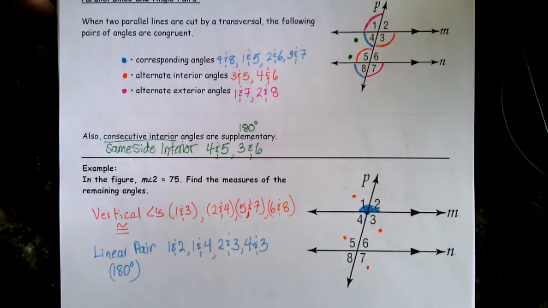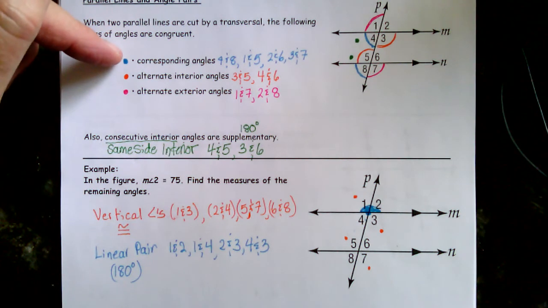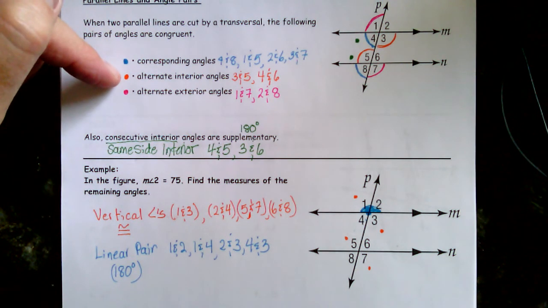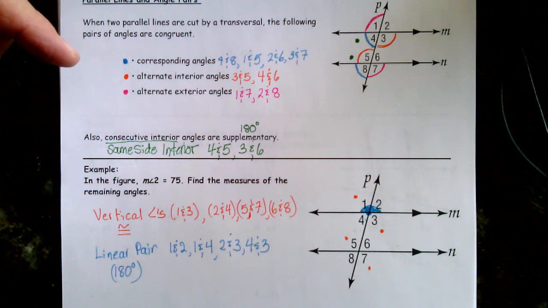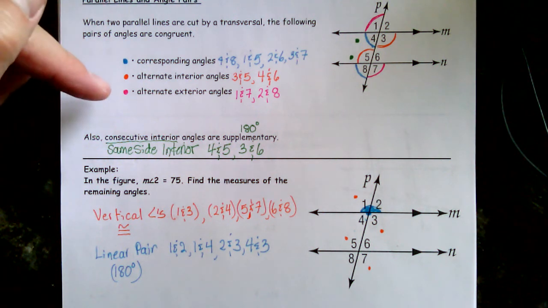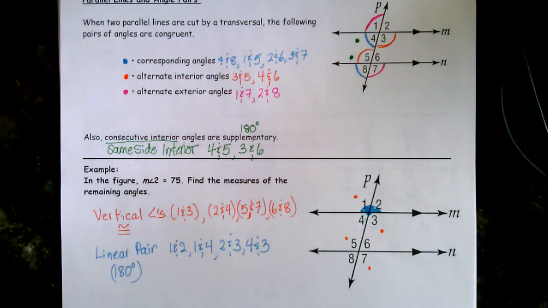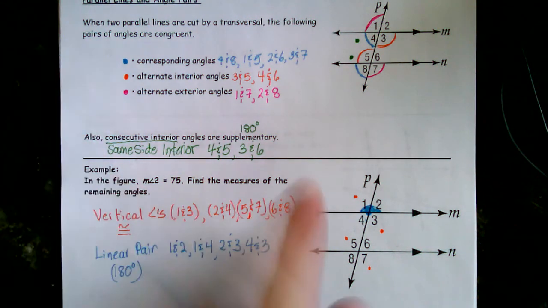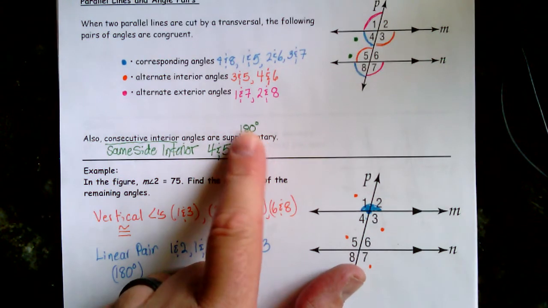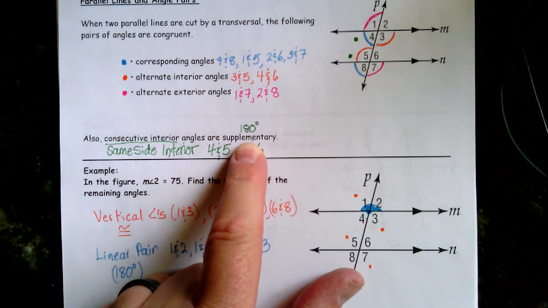Okay, so just a quick recap, you guys. Corresponding angles, they're matching. Alternate interior, they're on the inside on the opposite side of the transversal, like 3 and 5 and 4 and 6. Alternate exterior, they're on the outside and on the alternate or opposite side. Consecutive interior angles add to 180 degrees, so they are said to be supplementary.